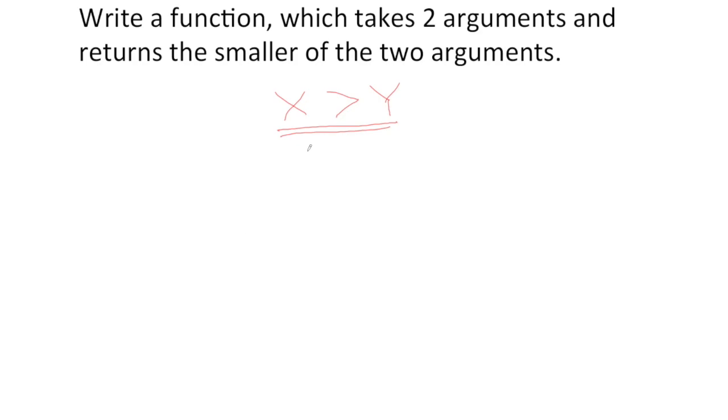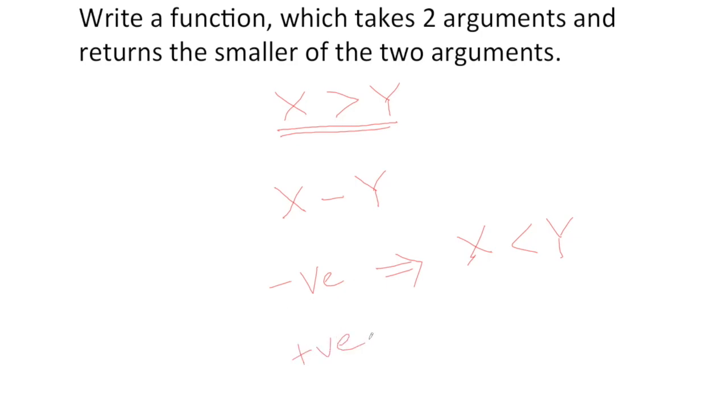One way we can do this is to, let's say, subtract x from y, these two x and y being the arguments. If we subtract x from y, and if the result is negative, that tells me that x was less than y.